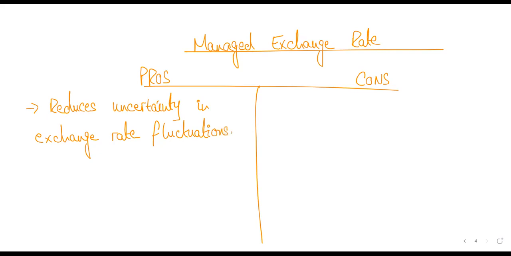Government can spend the money on providing some more merit goods rather than managing the exchange rate. Exactly. Or a better way to put this would be foreign reserves used to manage the exchange rate could have been spent to pay off your international debt, because we did talk about this, that your foreign currency reserves are very precious. Like in Pakistan's case, if Pakistan is wasting its foreign currency maintaining its exchange rate, it should better spend that money on paying the international debt.